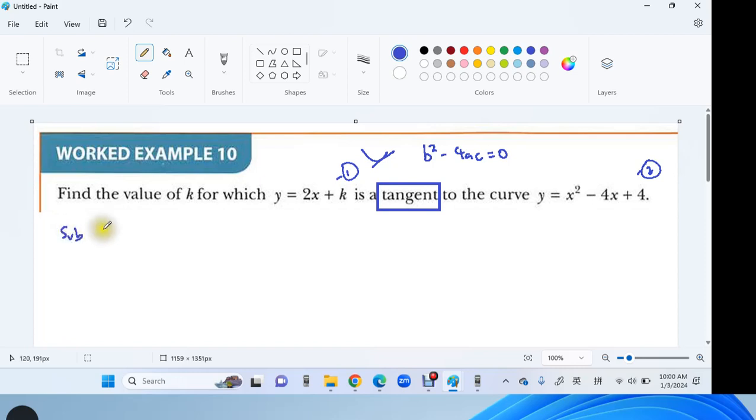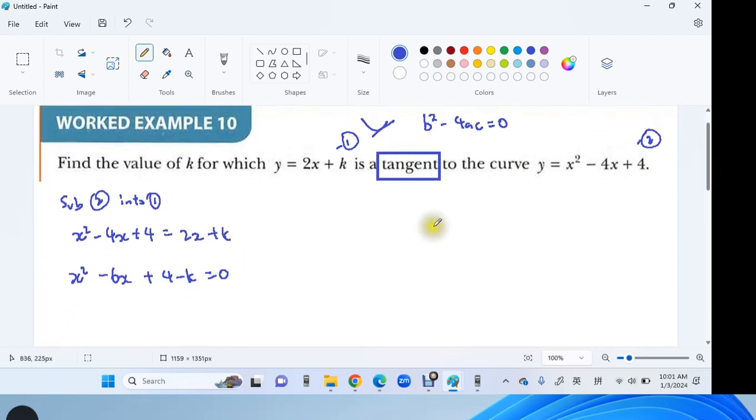We substitute equation 2 into equation 1. Then we have x squared minus 4x plus 4 equals 2x plus k. So x squared minus 6x plus 4 minus k equals 0. We have b squared minus 4ac equal to 0, where a is 1, b is negative 6, c is 4 minus k.